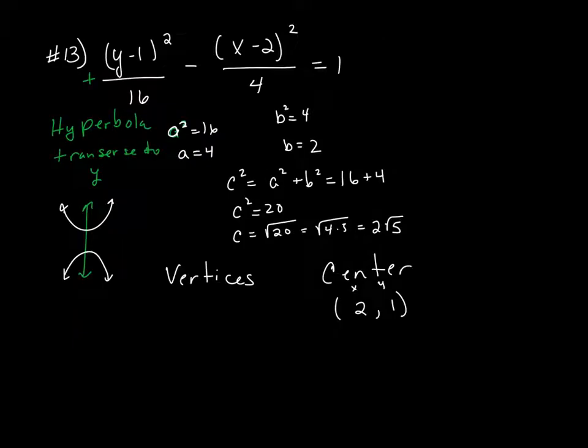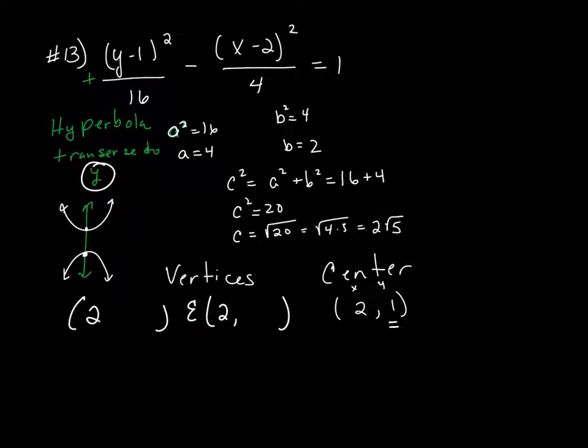So after I find my center, it's important to look at what's going on here. My x value for both of my vertices is not going to change. That x value for both cases is 2. What changes is the y value, and that's because this is my up and down hyperbola.